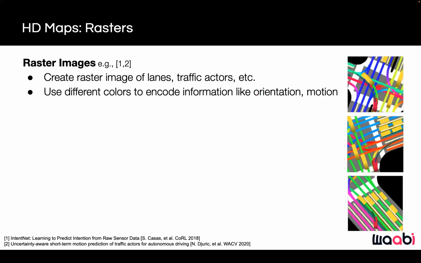HD map also contains rich semantic information about the road map. One representation for this type of information is a raster image, which will rasterize the vector shapes of the road elements as well as the active trajectories, and use different colors to encode different semantic meanings, such as line types, orientations, or motion.